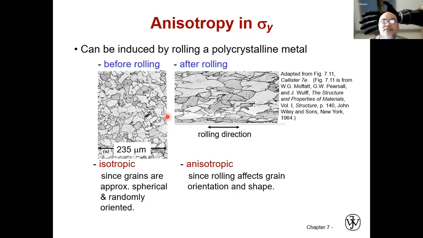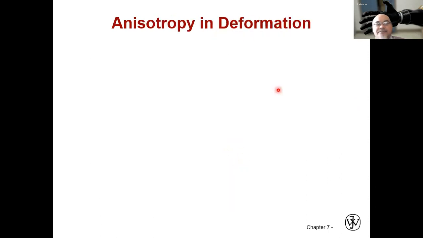They will go towards the rolling direction, like this. So you start to have more orientation of the crystals towards the rolling direction. It means that anisotropy will occur because the rolling affects the grain orientation and shape. The sigma y in this direction will be different from the sigma y in this direction.